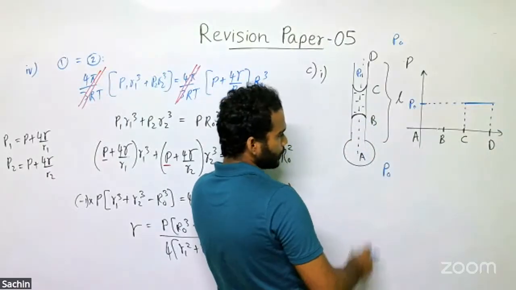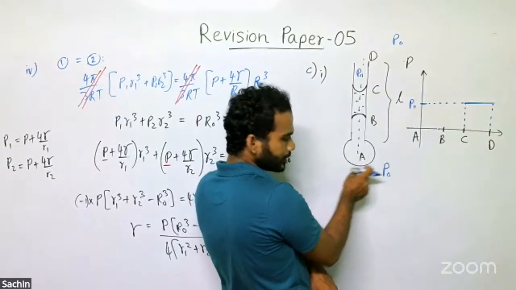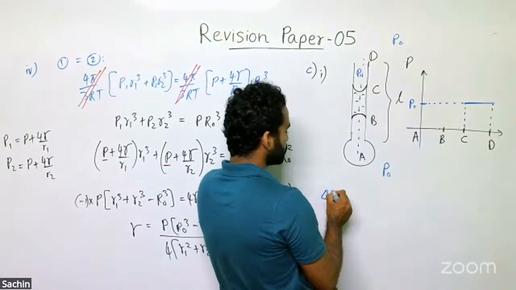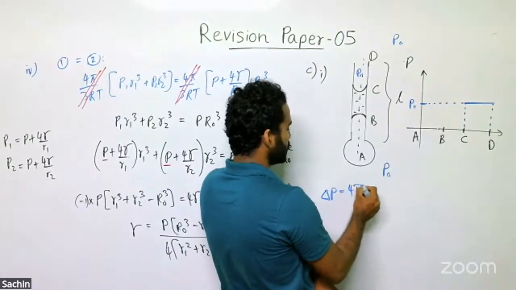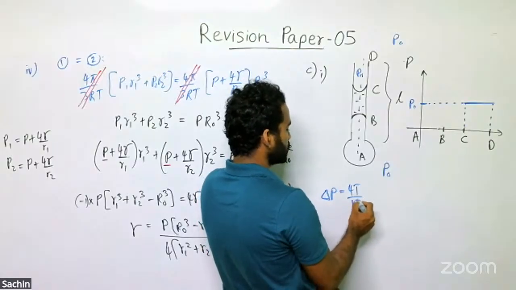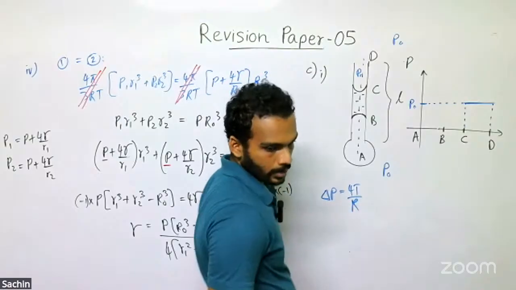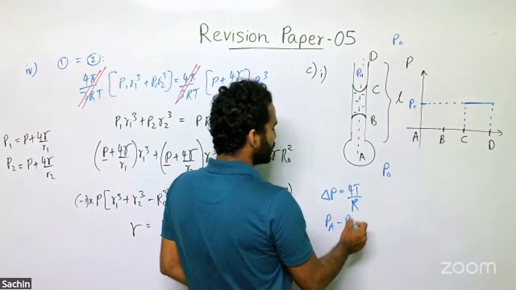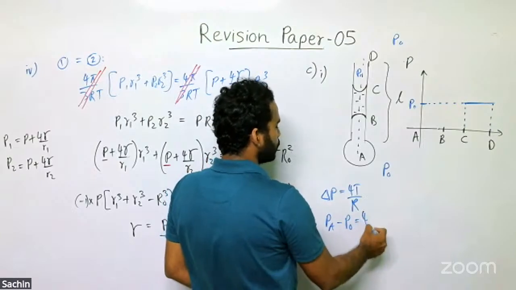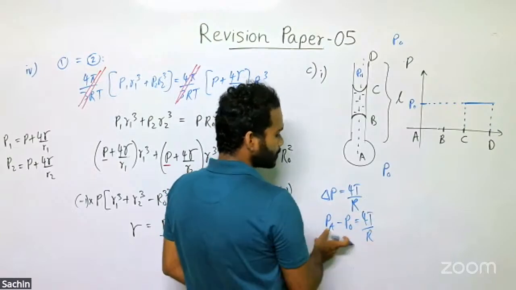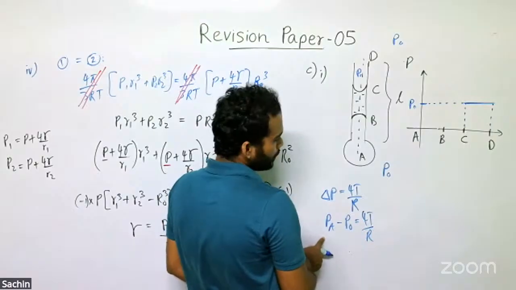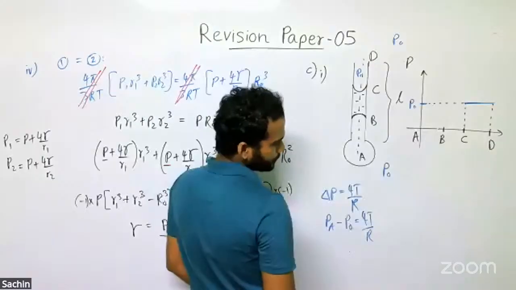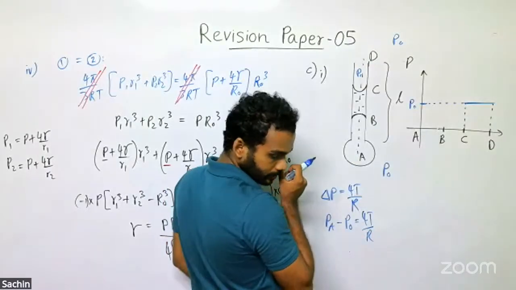By the way, this is the pressure inside the soap bubble. If you remember, the pressure difference across the soap bubble was given by the formula 4T over the radius. So obviously the pressure inside the bubble is greater than the atmospheric pressure, because when we write the expression for excess pressure, we write inside pressure minus outside pressure. That means the inside pressure should be high.